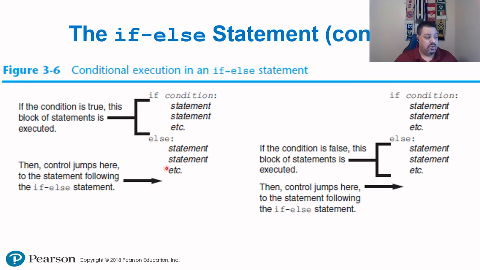So all of this would get ignored because it doesn't meet that condition. Conversely, if your condition is false, it's going to ignore all of these and go immediately to the else. And when it's done with those else statements, it's going to continue on where it left off, where the end of the else block is.